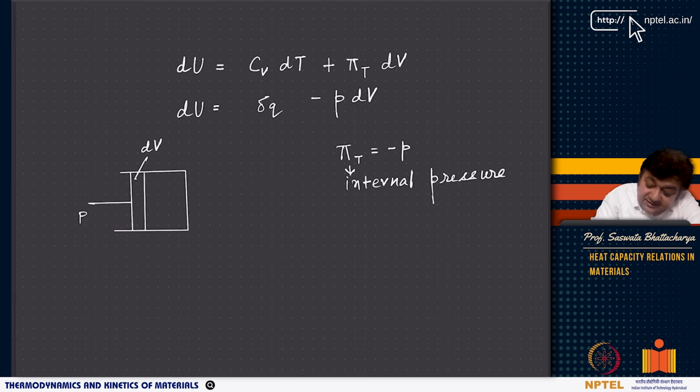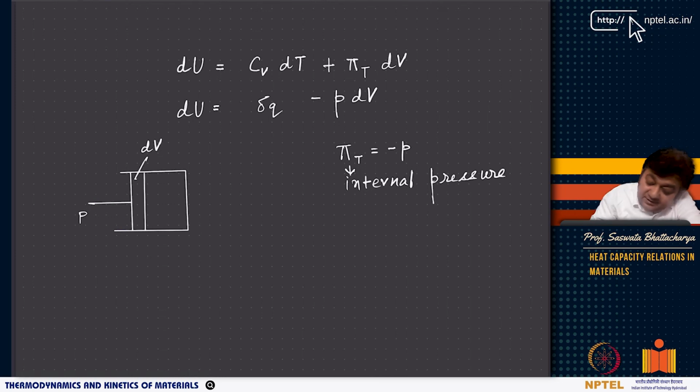As a result, you have to put a minus P dV because work done on the system is positive. That was our convention. Now pi t has a sign opposite to that of P. Here P is the external pressure, and pi t is something like an internal pressure.